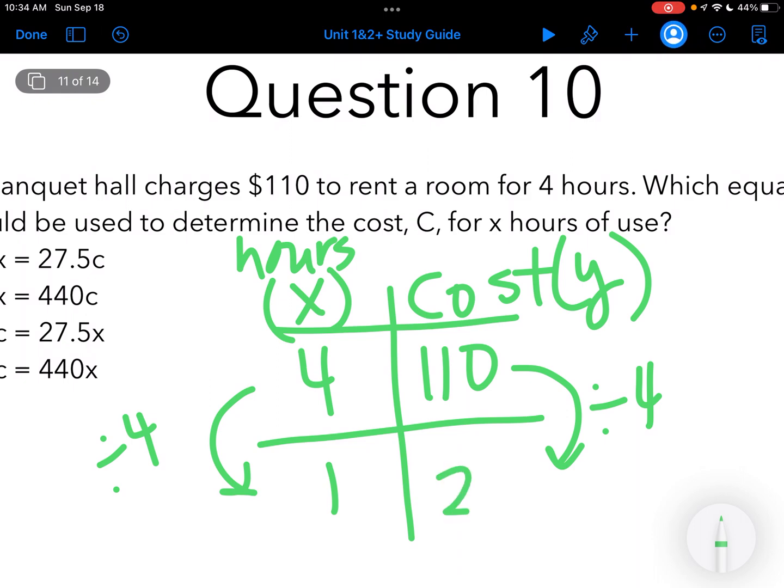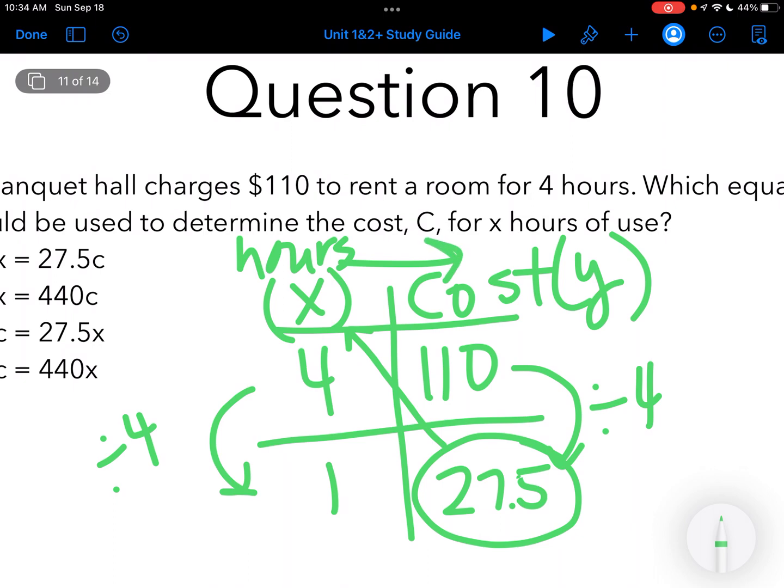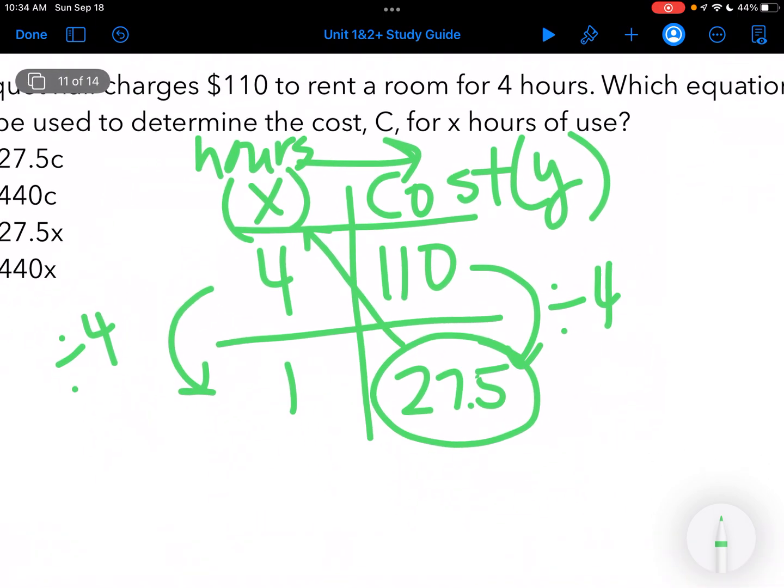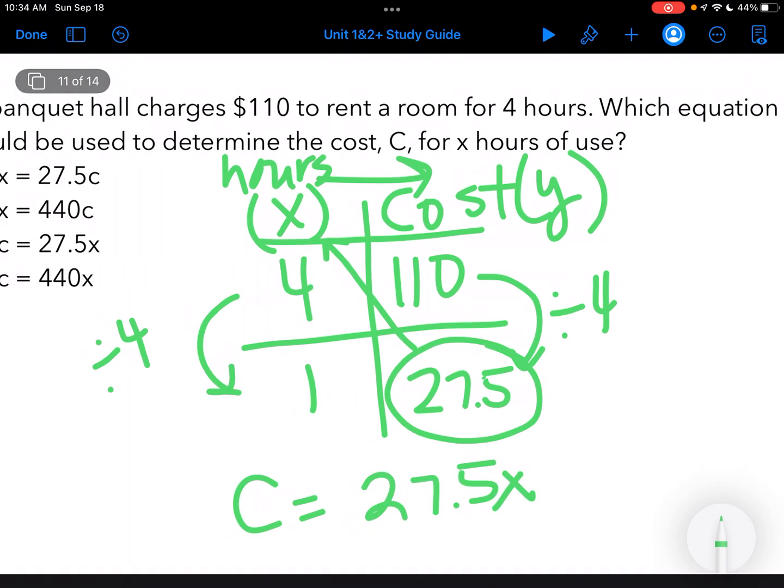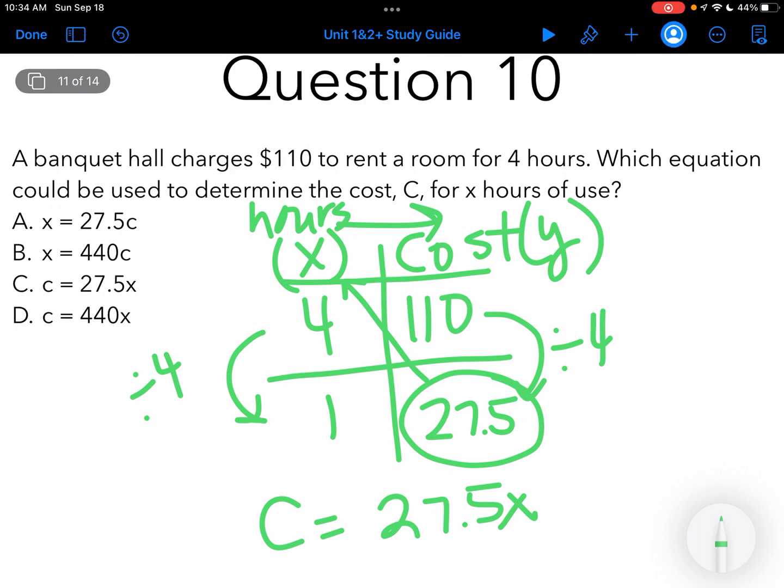I get $27.50. So I know I'm going to take $27.50, multiply it by the number of hours, and that's going to give me the cost. So I know that the cost is equal to 27.5x. So it should be C.